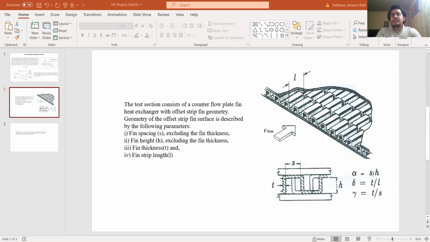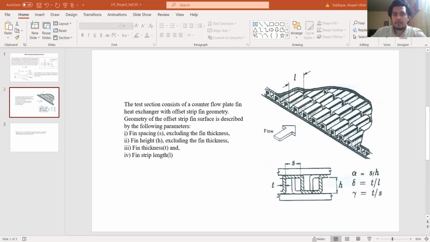As a testing fluid, we are using air, and the air flow rate through the testing section was set using the control valve, and the temperatures and the core pressure drop across the heat exchanger were measured. The system was then allowed to run until steady state is achieved.